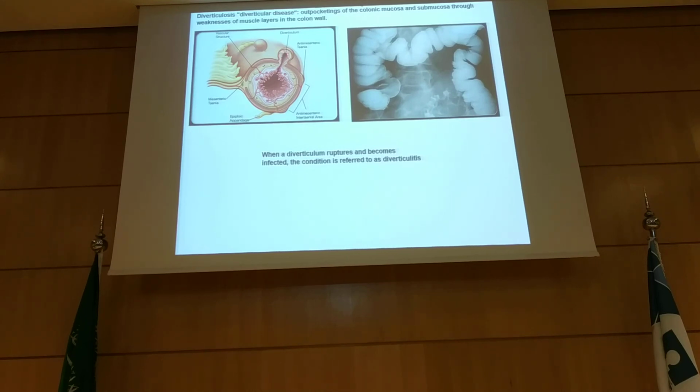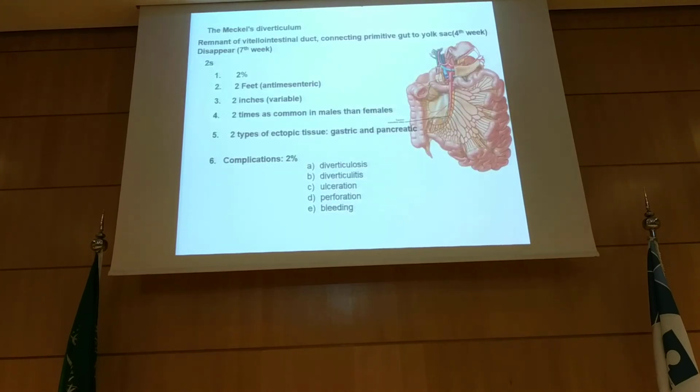If it becomes inflamed, that is called diverticulitis, I-T-I-S, meaning inflammation. Otherwise, if it is just bulging in the wall, it's called diverticulosis. So, 2% of people with Meckel's diverticulum will present with complications like diverticulosis, diverticulitis, or because of the ectopic tissue that we might find in them, gastric or pancreatic.